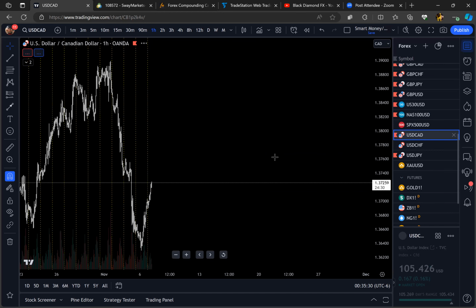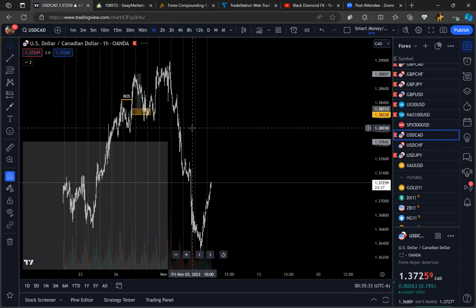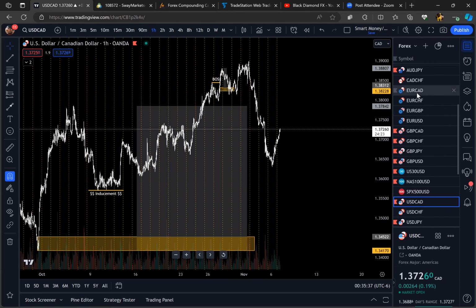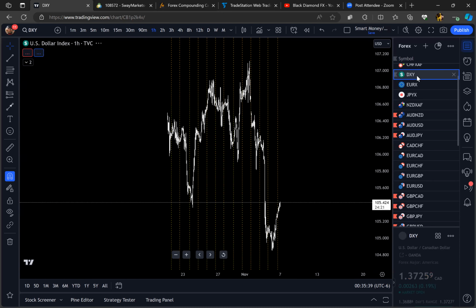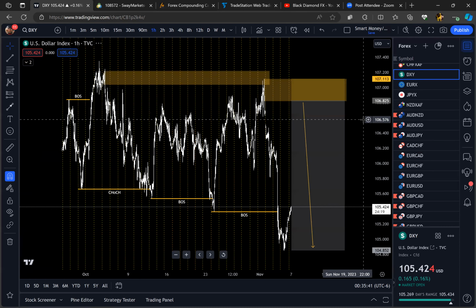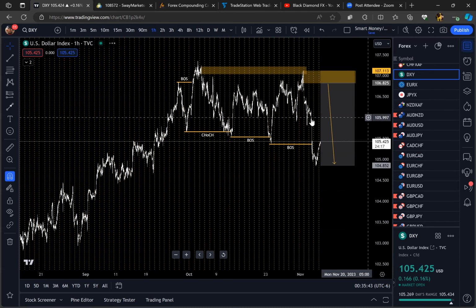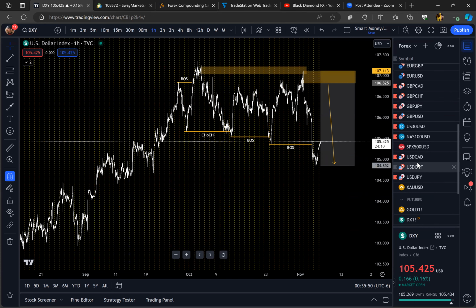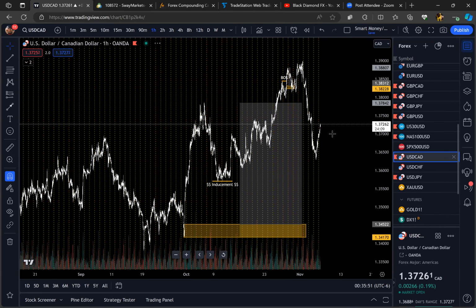that begins with USD should be doing almost the same, something similar. Look, USD CAD, DXY. Now notice I said almost similar. DXY, see how it's coming up right here? USD CAD, see how it's coming up right there?